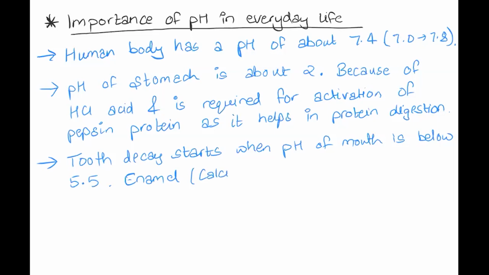That's why we said that our teeth are made up of calcium. Okay. So this enamel corrodes below pH 5.5. And how does this pH go below 5.5? Because there's bacteria in our mouth.